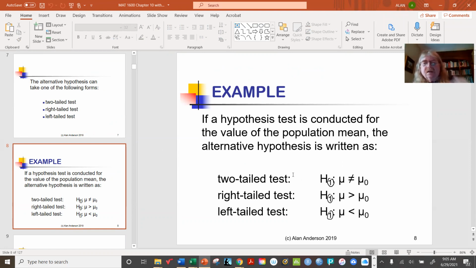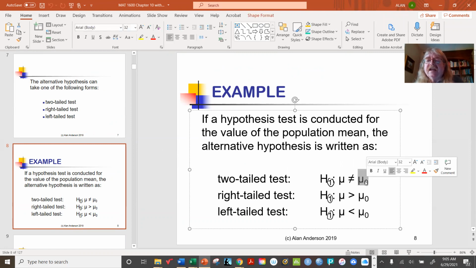If we reject the null hypothesis, then only one of 3 things can happen. Either the mean is not equal to the value that we specified, in which case we're basically saying that it could be below or it could be above. We don't really care in this case. We just want to know, yes or no, is the mean equal to a specific value or not?